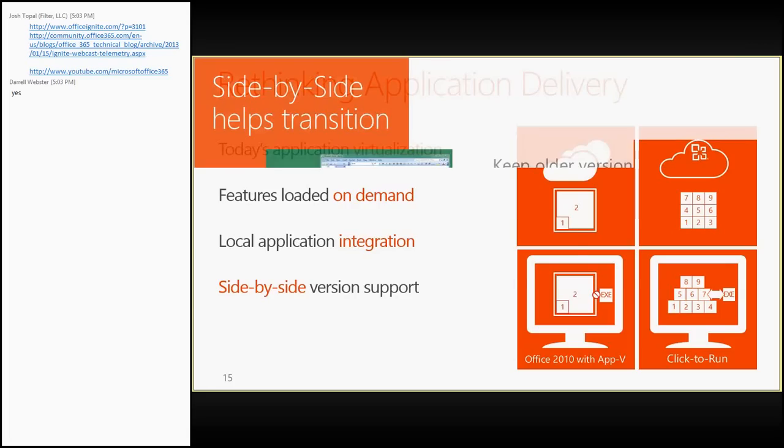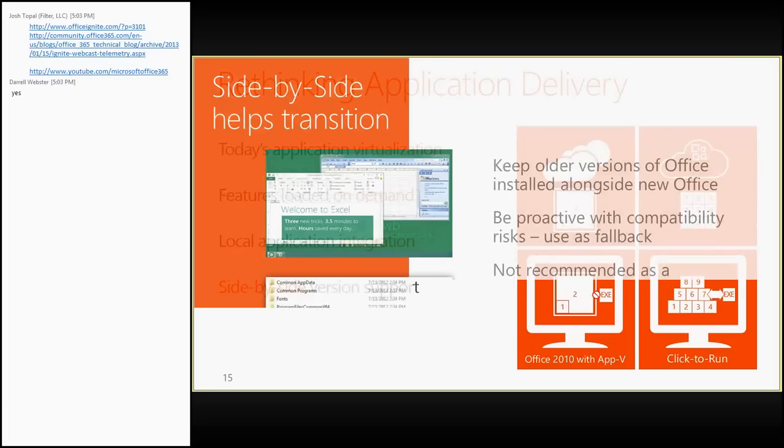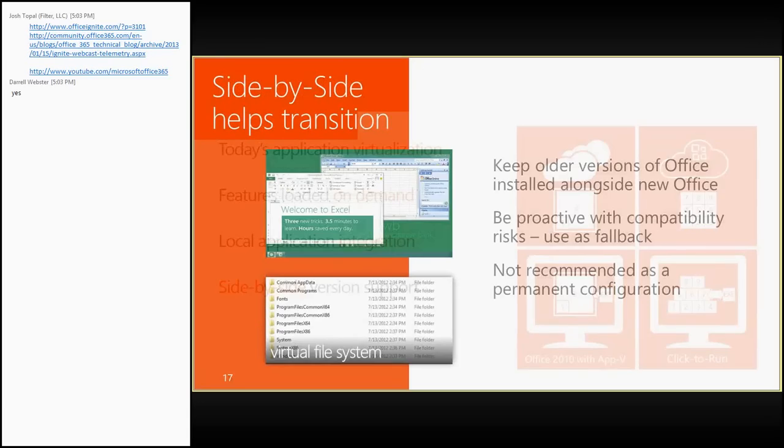If I have an older version and I want to install 2013, but I'm not sure if the solutions or add-ins will continue to run, don't worry about that, because you can install it, and if it doesn't run, your user can fall back and continue to use the older version installed side by side. We think side by side is enabled with this click-to-run technology, and that's why I wanted to discuss that. But we don't recommend that as a permanent configuration, only to help with the transition experience.